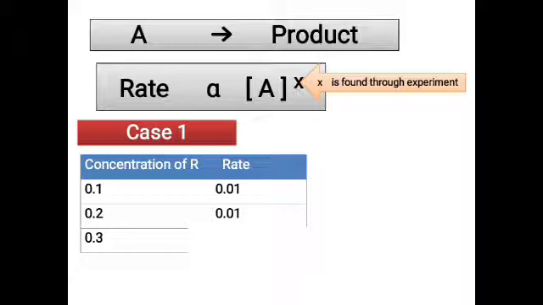When the rate was measured, it was again found to be 0.01. Then we make the concentration of the reactant 3 times more, so we take 0.3. With this concentration, we measure the rate for the reaction, and it again came out as 0.01.